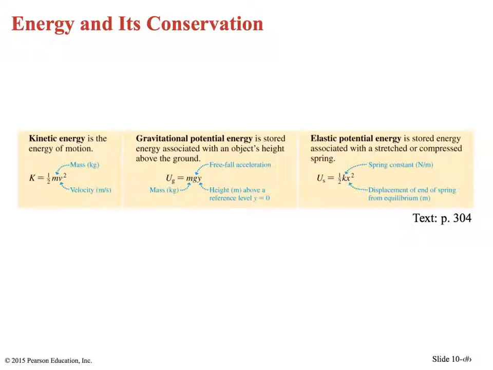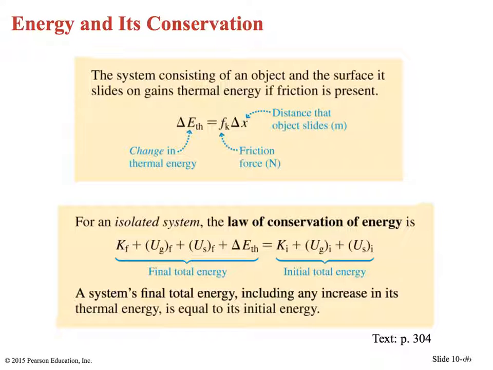All right, so this is just showing the kinetic, gravitational potential, and elastic potential. This is just showing us these different equations. A couple of slides here are just showing us these equations. Now, if we wanted to solve for our thermal energy, remember that's friction force times how far it slides. And again, in an isolated system, the law of conservation of energy tells us that our final total energy equals our initial total energy.